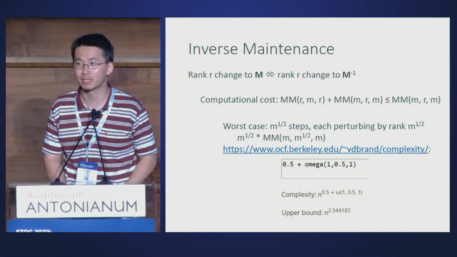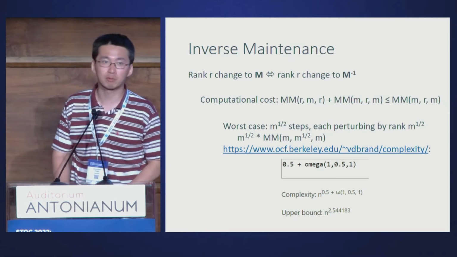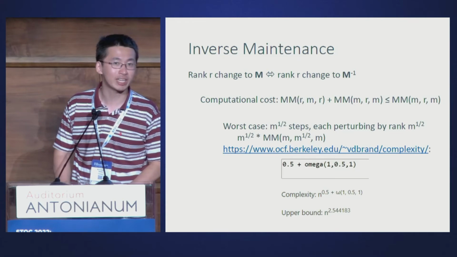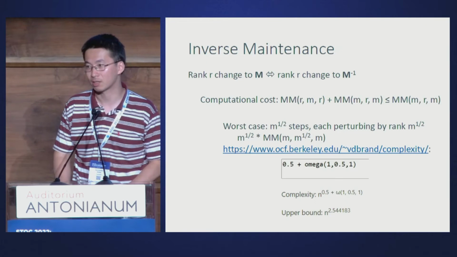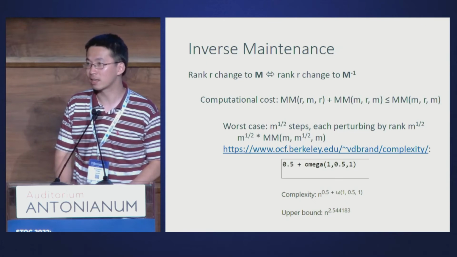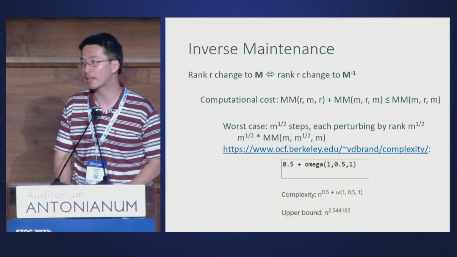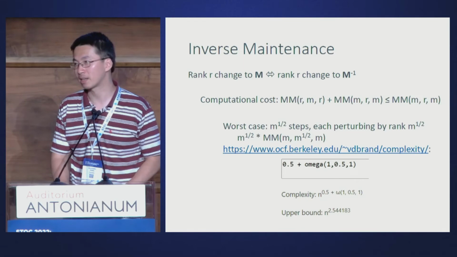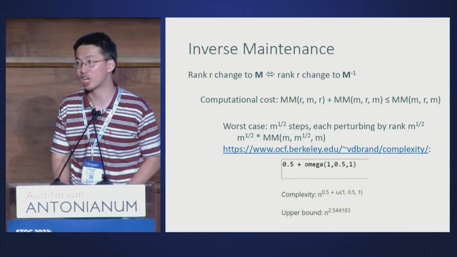But the way to remember it is that if I take a matrix and I make a rank R change to it, its inverse also changes by rank R. This fact is really just coming from the rank of a matrix equaling the rank of its inverse. But Woodbury is basically the numerical version of this. It expresses what that change is in terms of the change of the original matrix.